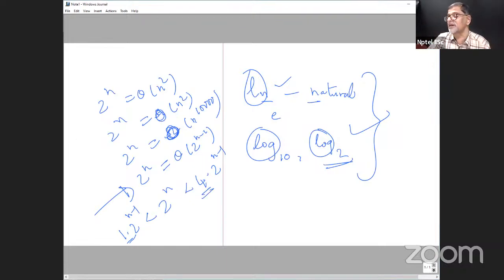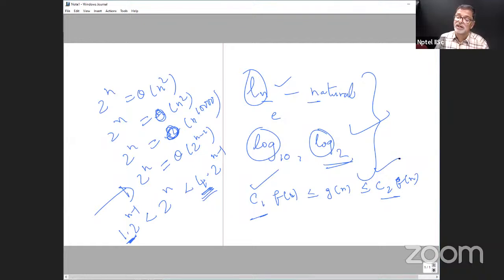What is the definition? f of n is theta of g of n if C1 times f of n is less than or equal to g of n, which is less than or equal to C2 times f of n, for some constants C1 and C2. We have 1 and 4 acting as C1 and C2 here. Therefore, they are of the same order, which means this is the correct answer.